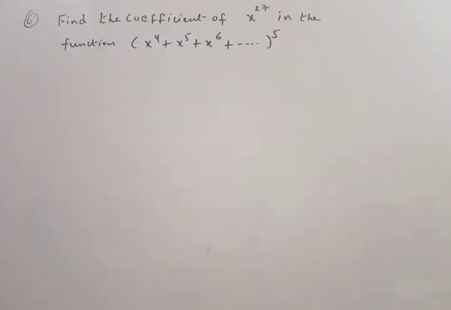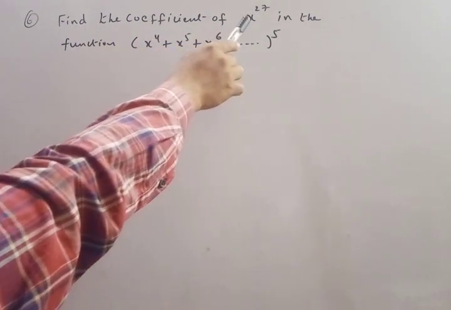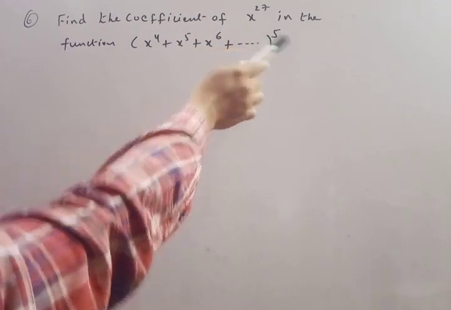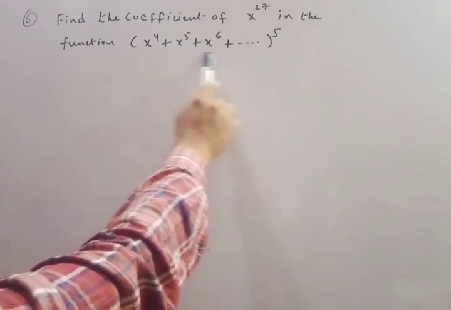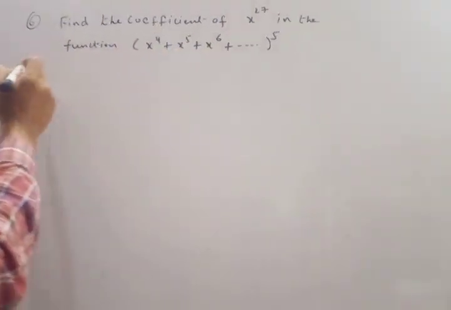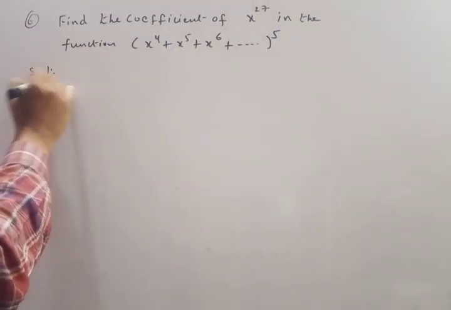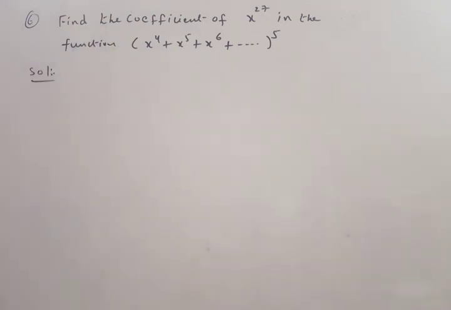Next, see this one. I am solving some important problems which came in previous year question papers. Now see here: find the coefficient of x power 27 in the function given: x power 4 plus x power 5 plus x power 6 plus so on, whole power 5. Okay. So how to solve this problem?